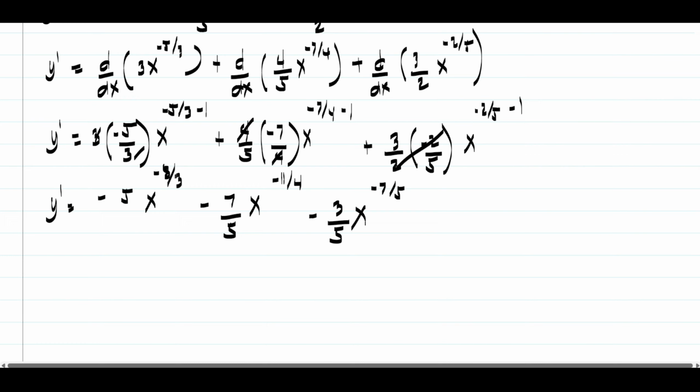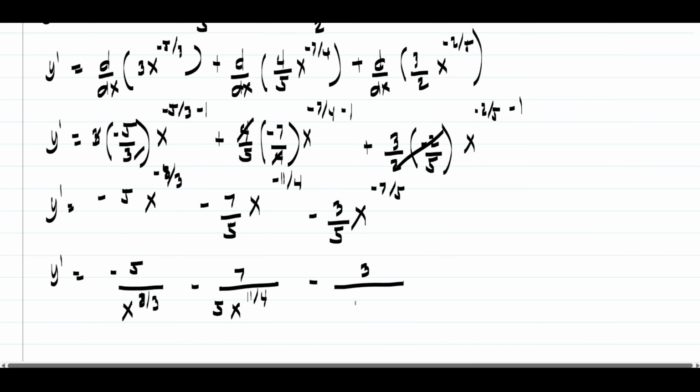So let us eliminate the negative sign on the exponent. So we have y prime equals negative 5 over x raised to 8 over 3 minus 7 over 5 x raised to 11 over 4 minus 3 over 5 x raised to 7 over 5.